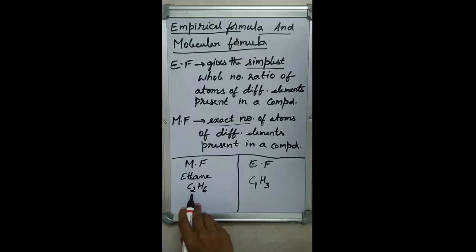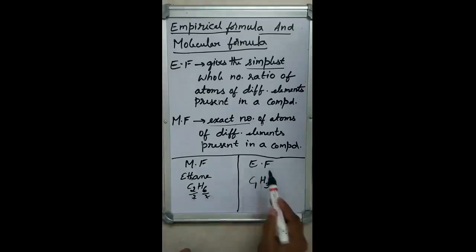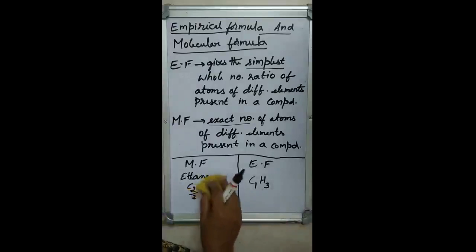Now in this, which is the smallest number? That is 2. So this number has to be divided by 2. So 2 ones are 2, 2 threes are 6. So this is the empirical formula, CH3. Now a few more examples I will give you so that you can understand more clearly. Now this is about ethane.